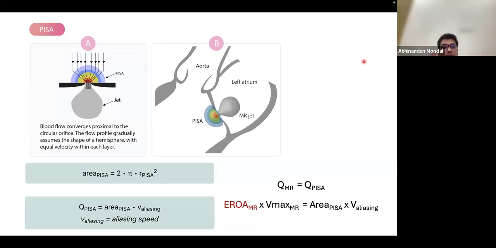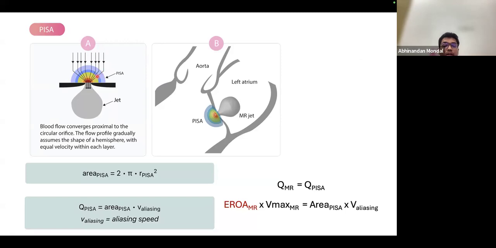So whenever blood flows from any chamber towards a narrow orifice, its speed increases. The speed keeps on increasing, and it comes to a certain point where the speed crosses your Nyquist limit.